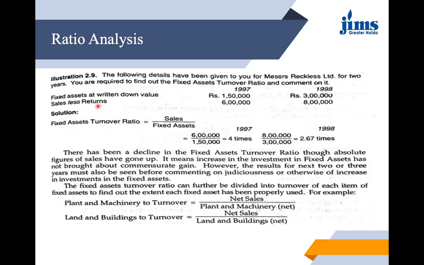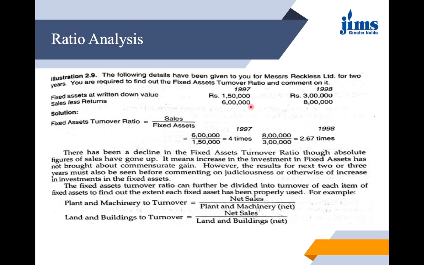So as they have given us sales less returns, we will use the formula sales. Otherwise, if cost of sales could have been given, we could have used the formula cost of sales upon the fixed assets. After calculation, you can see we have put the values here and we are able to obtain that in 1997 it was 4 times, whereas in 1998 it decreased to 2.67.